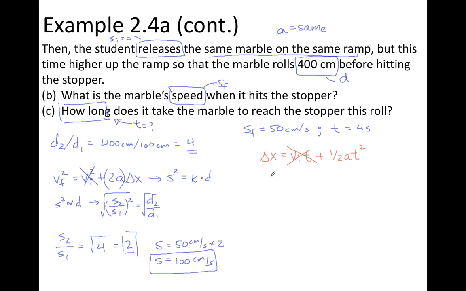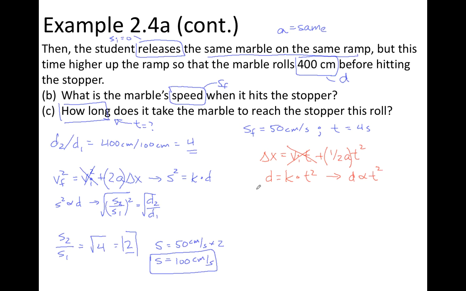And here I can say d, distance and displacement are the same thing for one-dimensional, one-direction motion, is equal to one half the acceleration, which is a constant, times t squared. That's going to imply that we have a relationship between distance and time squared.